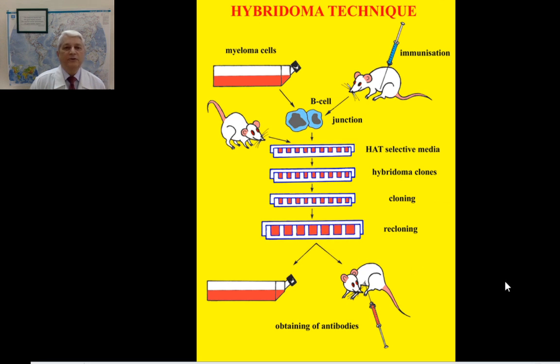What do we do with these cells? We have two possibilities. The first possibility is to inject these tumor cells into the abdominal cavity of a mouse, or to use special bottles with the media for producing a large amount of such cells, and these cells are producing a large amount of antibodies.